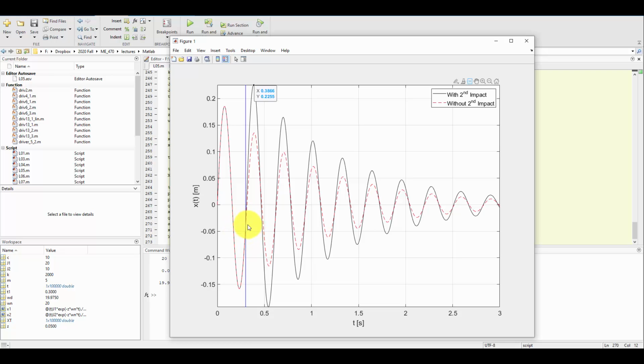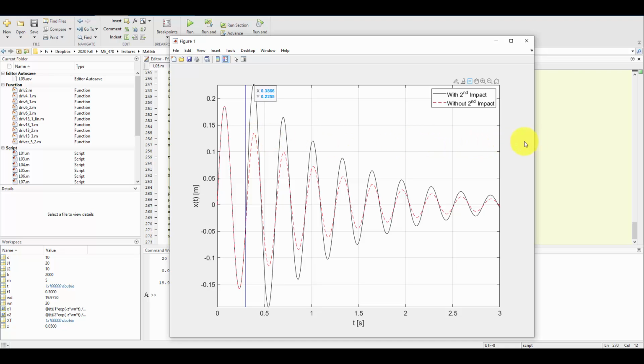However, their velocity is positive. They're traveling downward. So the system was struck in the downward direction as it was traveling in the downward direction, and we see that that increased the amplitude of the response in the system where we account for that second hammer strike, where we get that larger amplitude.